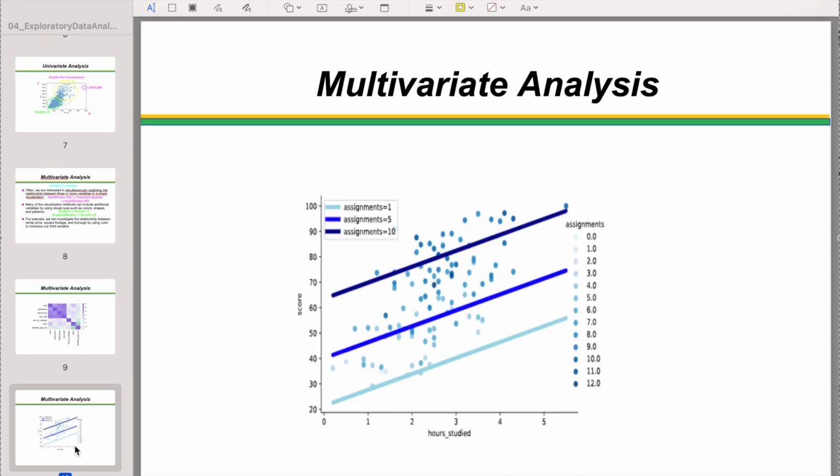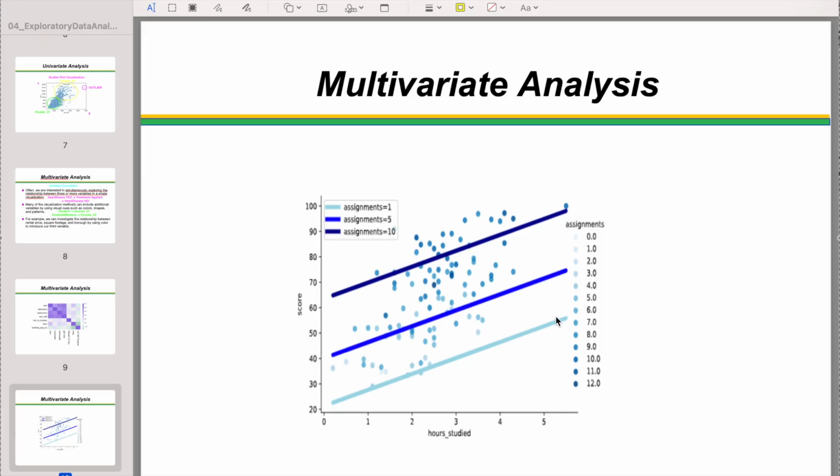Okay, another way that we can plot 3 variables in this case is using lines, and those lines can separate the scatter plot objects into 3 classes. So what we can see here is that students who completed 1 assignment have a lower score or grade than students who completed 5 assignments.